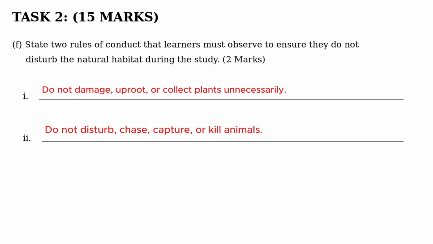And then keep the noise low, so do not make noise. And then follow the designated paths. Then also do not contaminate the ponds. Ensure that you do not throw anything that is contaminated to the water. So another thing is that the student should look, record, and leave the habitat unchanged. You should leave it the way you found it as much as possible. Those are the rules of conduct.